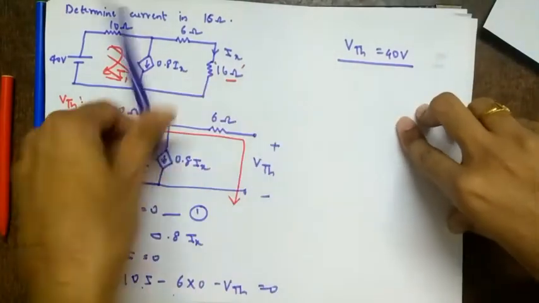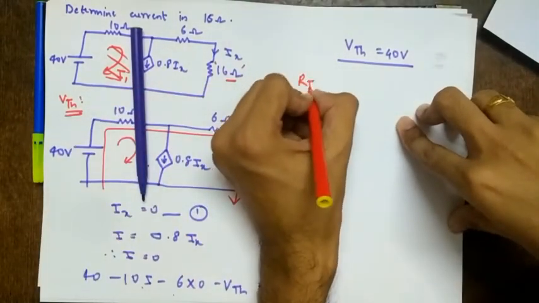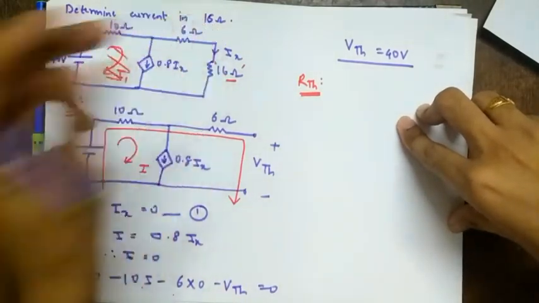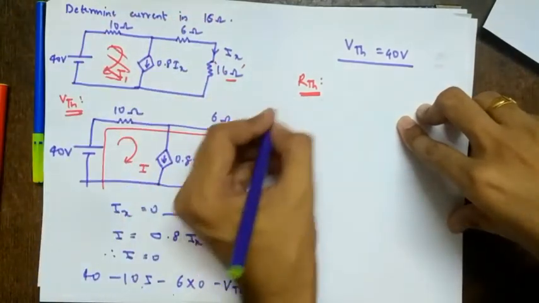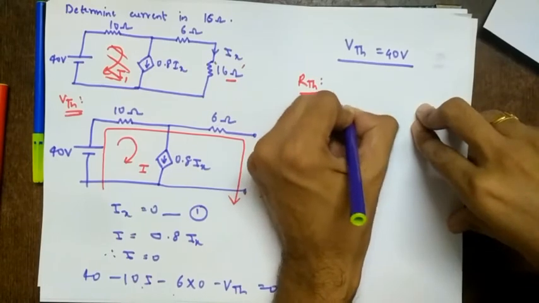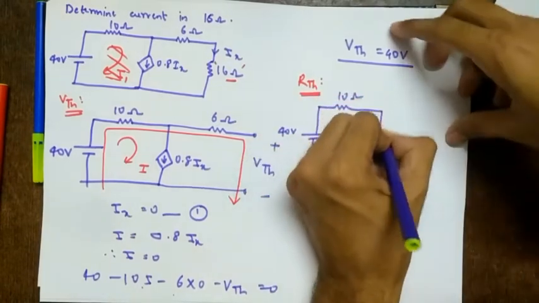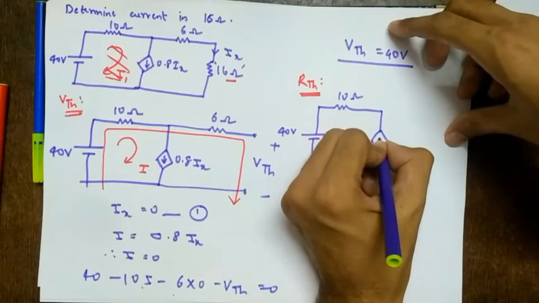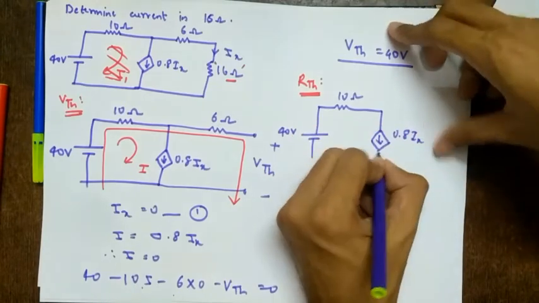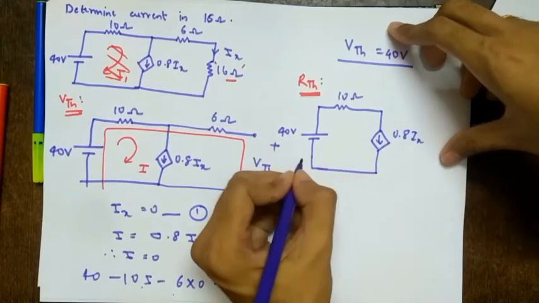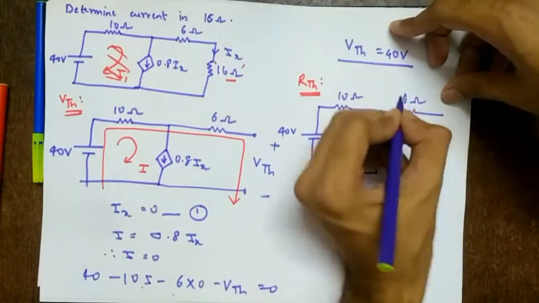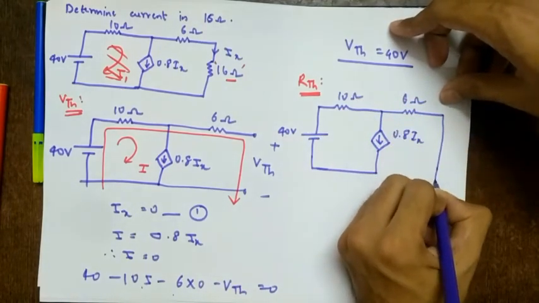Next what we find? RTH. So for RTH we remove this and keep a short over there. And this is 40 volts, 10 ohms, dependent source is not removed, 0.8 ix, 6 ohms, this is replaced by short circuit.